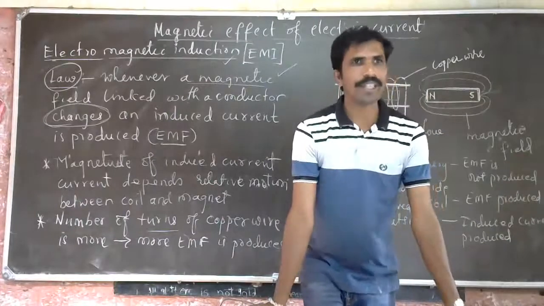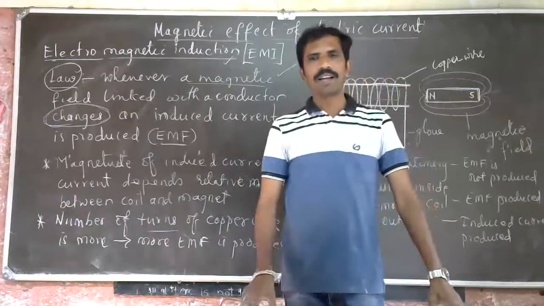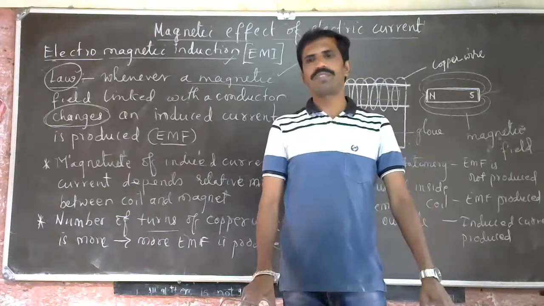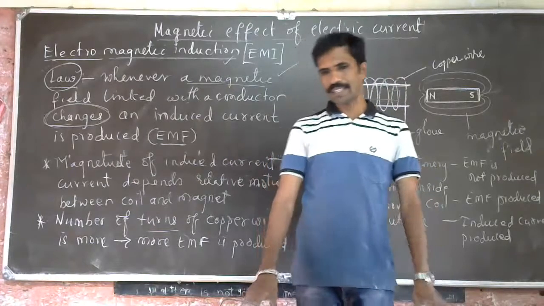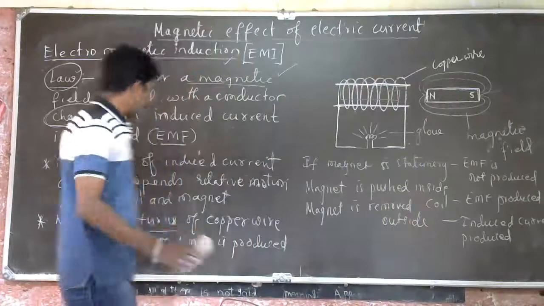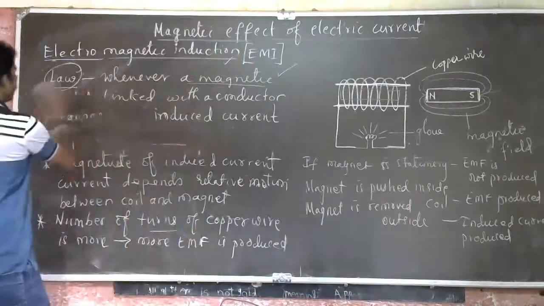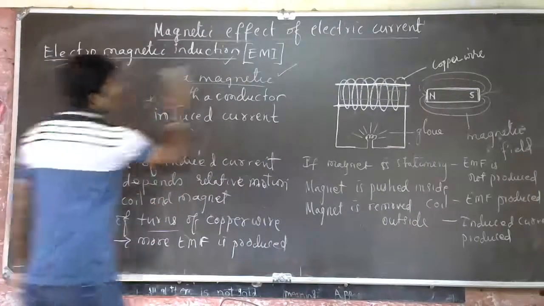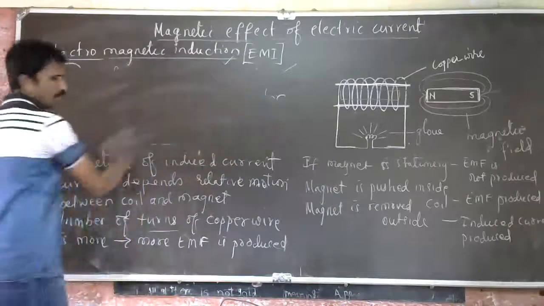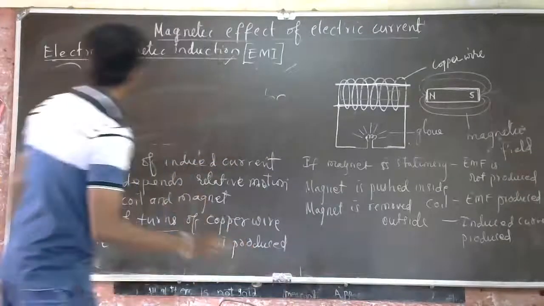So electromagnetic induction is the principle of working of the electric generator. So what is an electric generator? You know that motor.